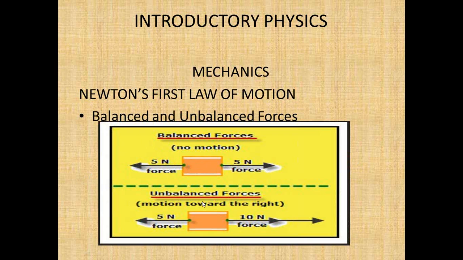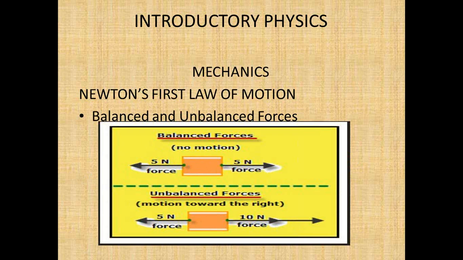In this scenario, where you have 10 newtons of force pulling to the right and 5 newtons of force pulling to the left, there's a net 5 newtons of force pulling to the right, okay? Because the rightward force is greater than the leftward force. So there's a net 5 newtons of force pushing this object to the right.